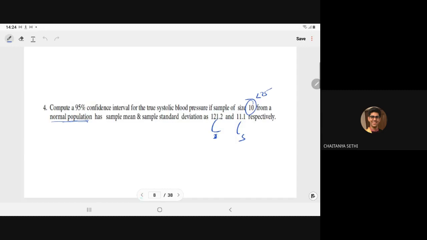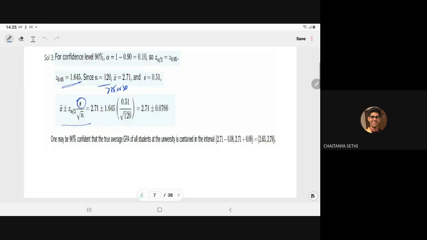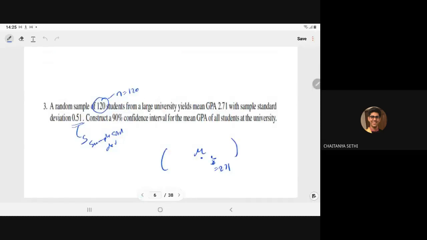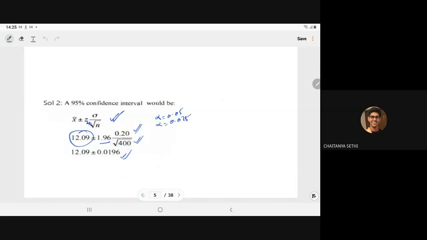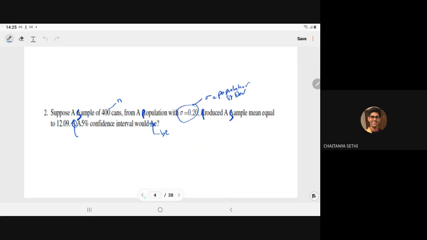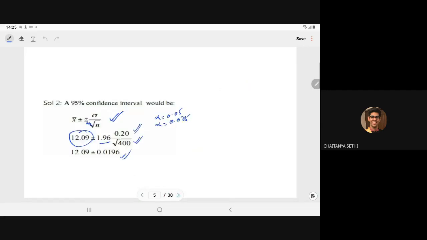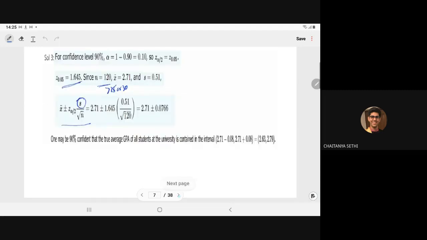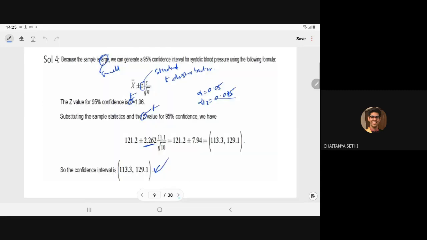When the sample size is more than 20 or 25 or 30, then we use the normal distribution. That is the basic difference. And when the population standard deviation is given to you, we use the population standard deviation. Otherwise we use the sample standard deviation. So in this question we have used the sample standard deviation. That is the basic.